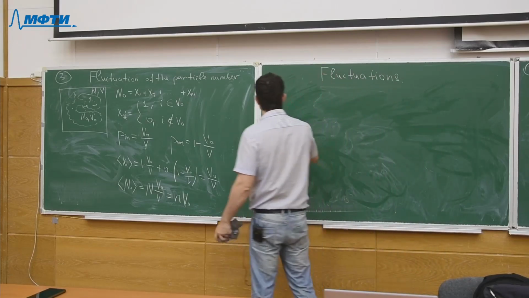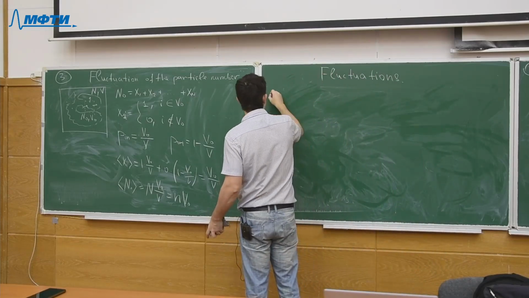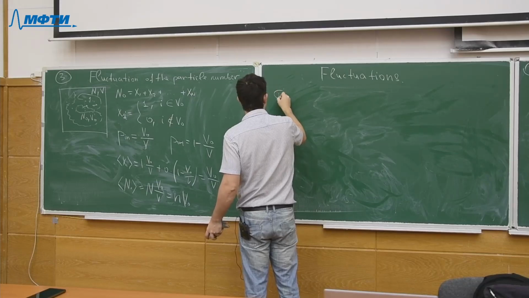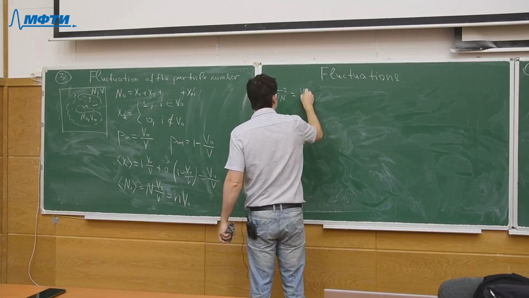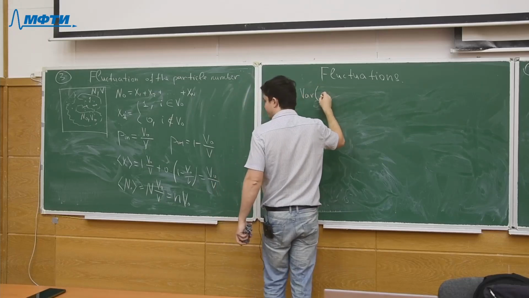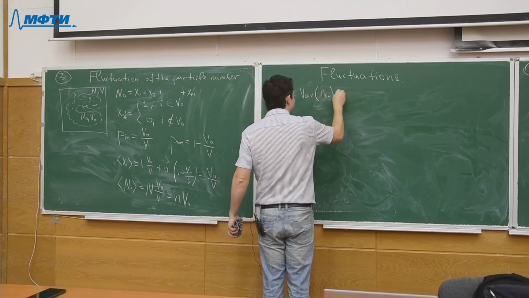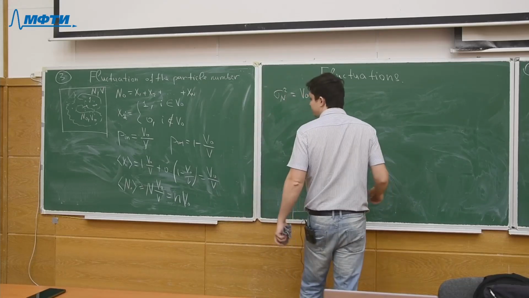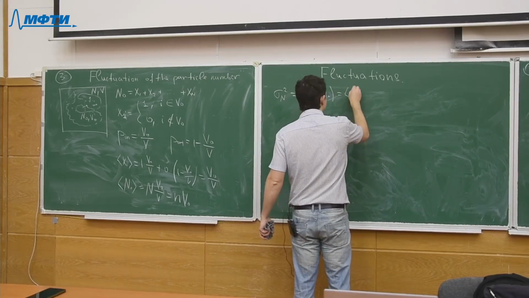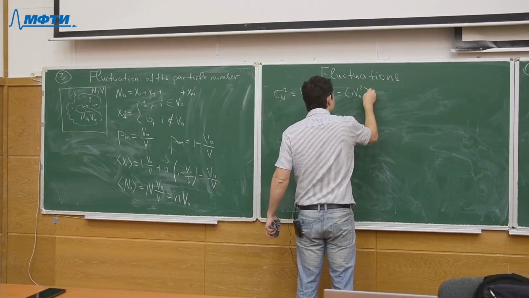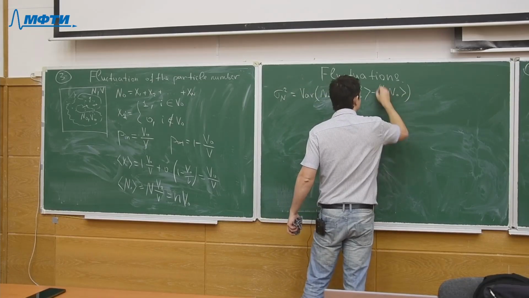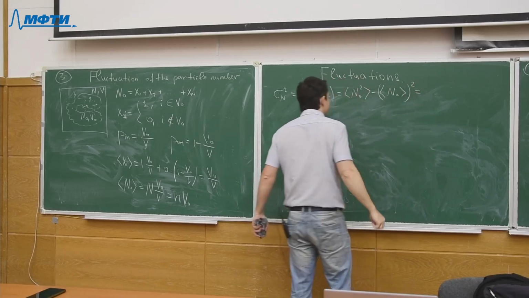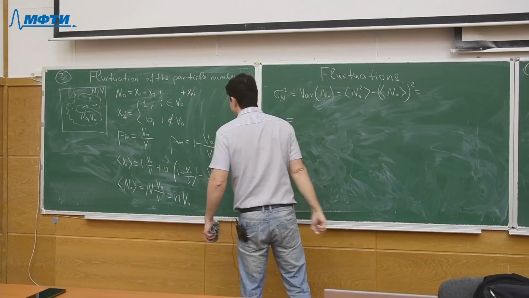The fluctuation squared is the variance of n0, and by definition, the variance of n0 should be the average of n0 squared minus the average of n0, squared.